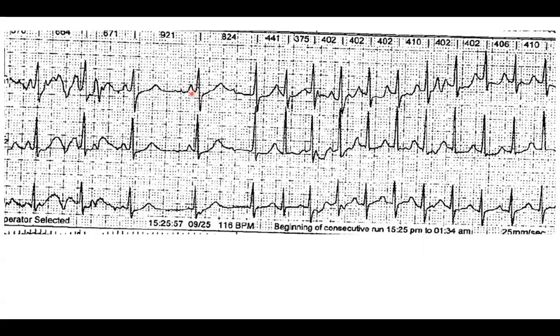This is your sinus P, and this is your different P, right? So there's a P that came in a little bit early, probably at 600 or 500 milliseconds, from a different focus. So this is your PAC. This is probably the PAC that started the tachycardia, okay?